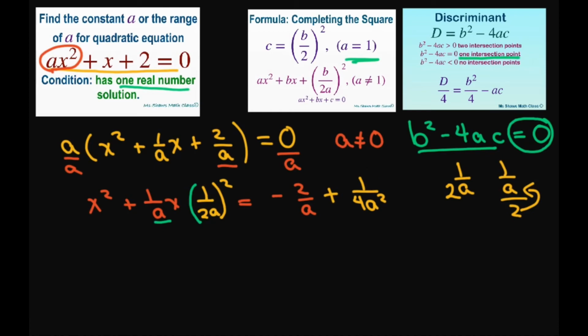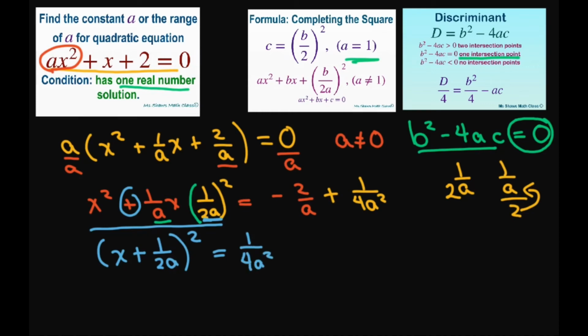Now for this side, when you condense it, it's just going to be x plus 1 divided by 2a, squared, and then we have equals 1 divided by 4a squared minus 2a, like that.